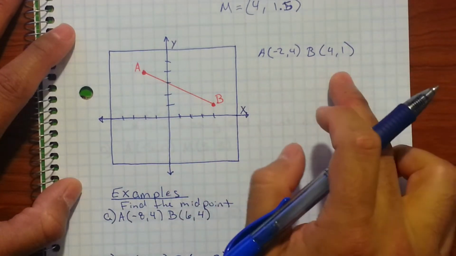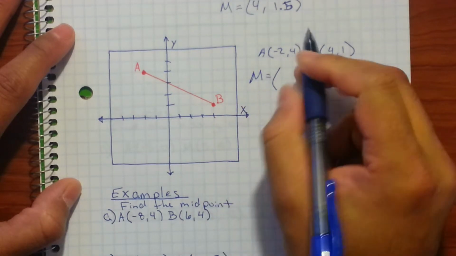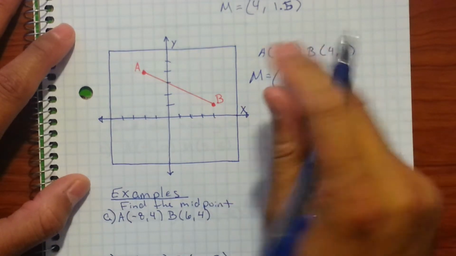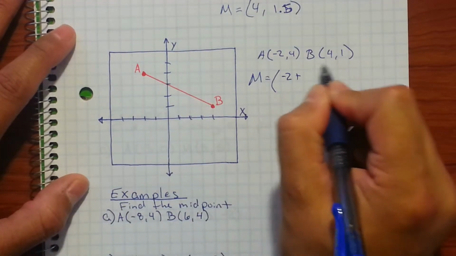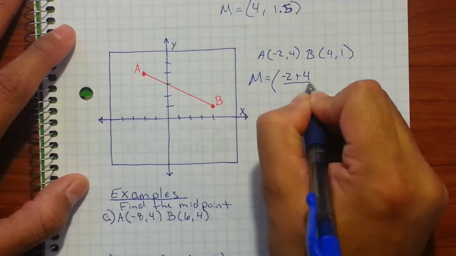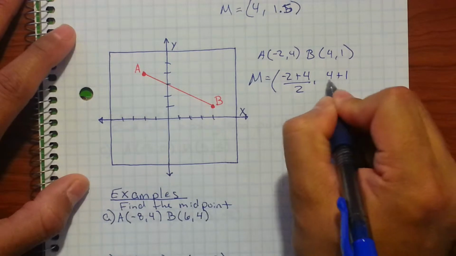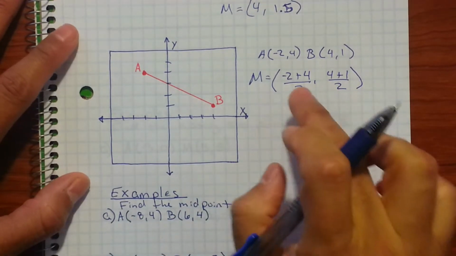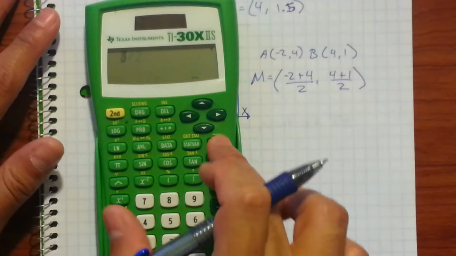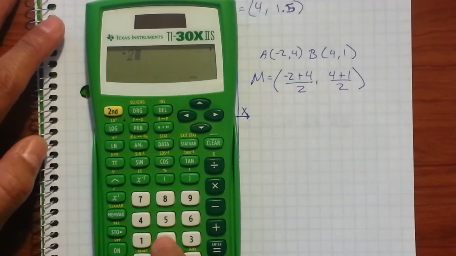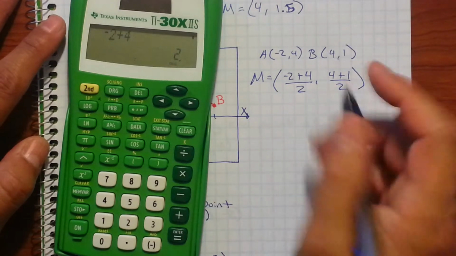So we're going to find the midpoint in between those points. So M is equal to x1, x2. It's negative 2 plus 4 over 2, and 4 plus 1 over 2. So the negative 2 and positive 4, if you're totally lost on this, watch this. Negative 2 plus 4 is going to give me 2.